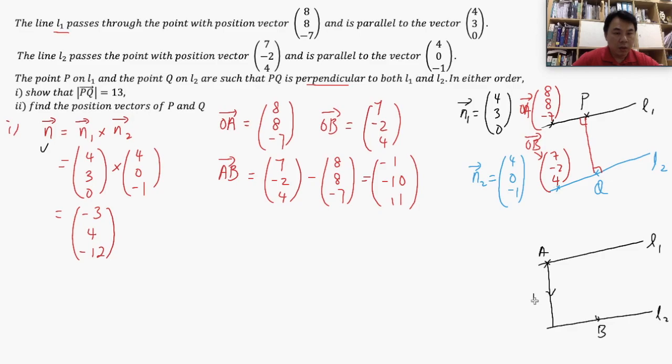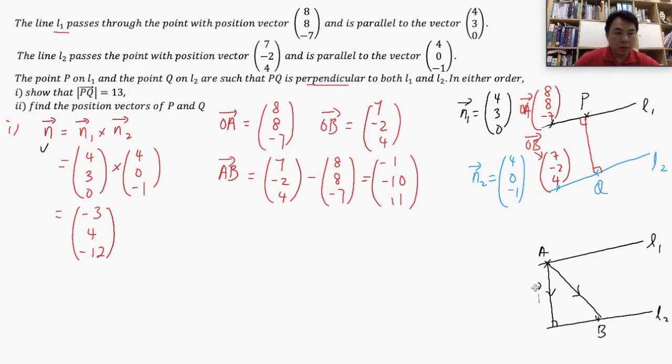So this is n, the direction vector that is perpendicular to line L1 and L2, and then we have AB here that we have already worked out, and then we are interested to find out the shortest distance, which is the distance D here.